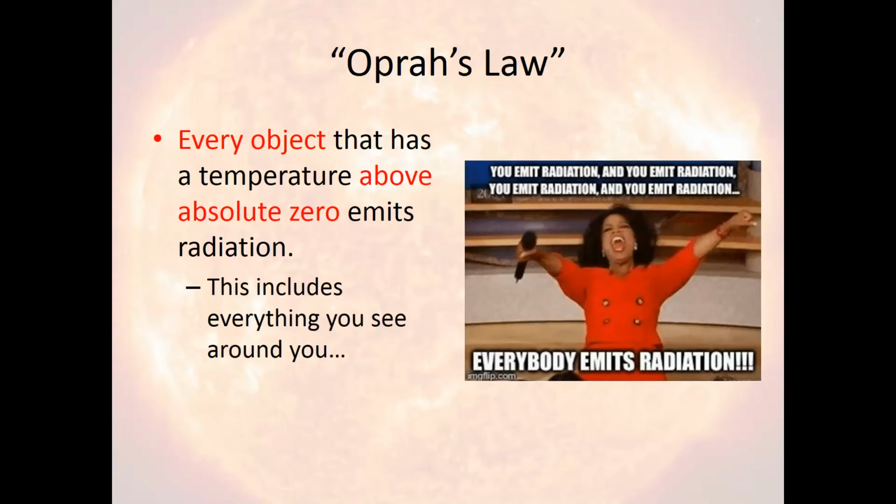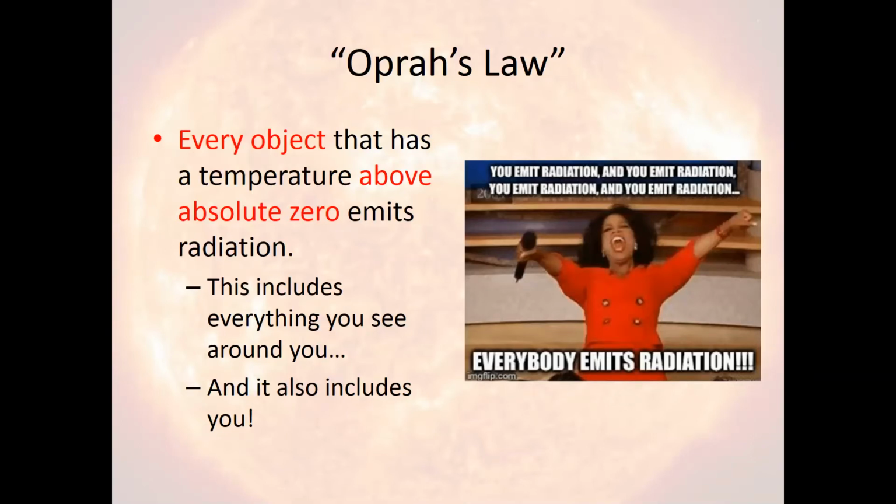Because everything and everyone with a temperature above absolute zero, and this means everything on Earth, emits radiation, including you. That's why I call it Oprah's Law. Again, that's not the technical name. You're not going to be tested on that name. But know the fact that everything with a temperature above absolute zero emits radiation.